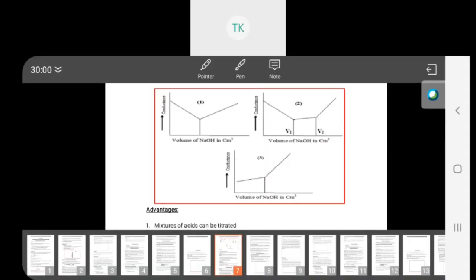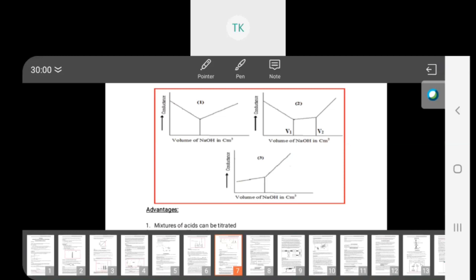Then once you start adding NaOH from the burette, the conductance value will decrease. Then what happens? The conductance goes down, and then it rises on adding, which is a point of acetic acid.